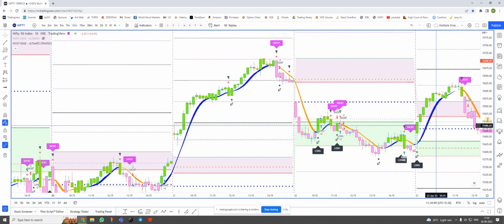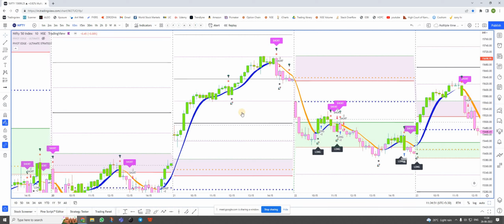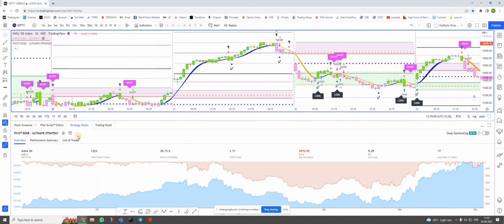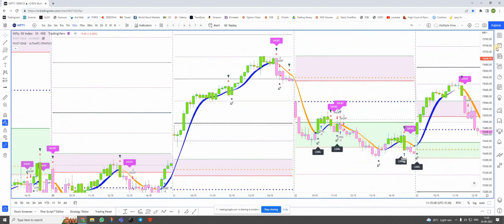Okay, so what is ROA, sir? Based on the strategy here, if you go to the strategy tester, just one moment. This is spot. I'll put futures.